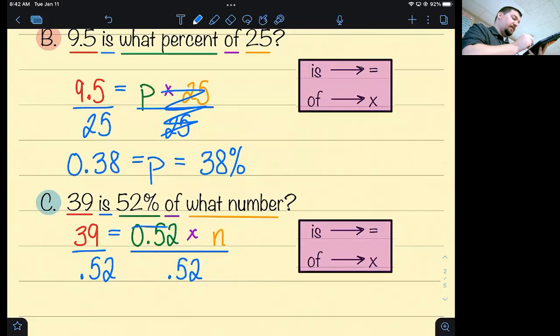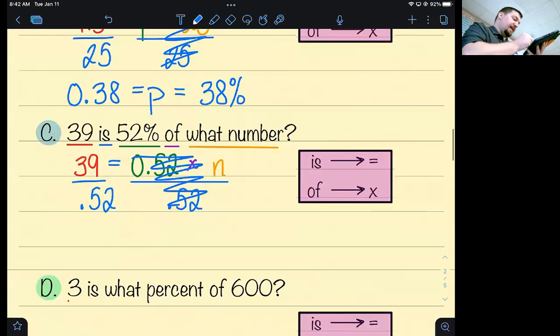Actually, the times sign goes away too, because I'm dividing. And I get N equals. And then Thomas, what is 39 divided by 0.52? 75. Nice job. 39 is 52% of 75.